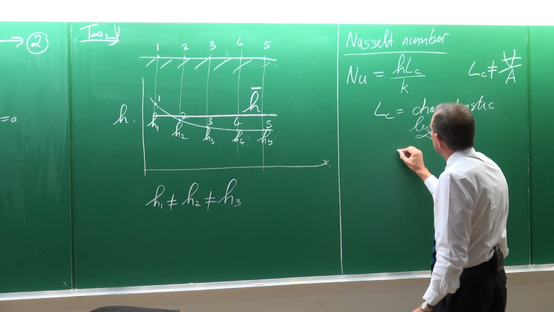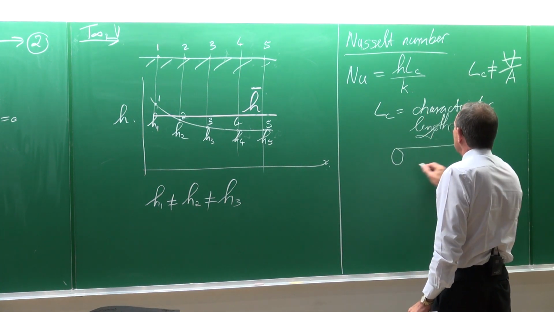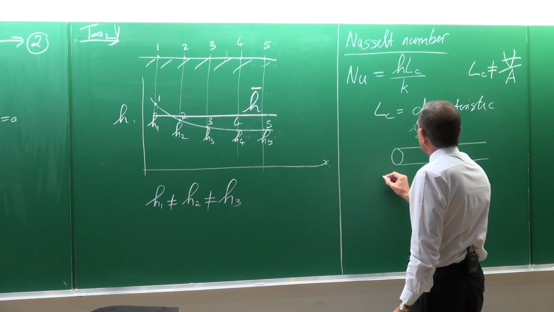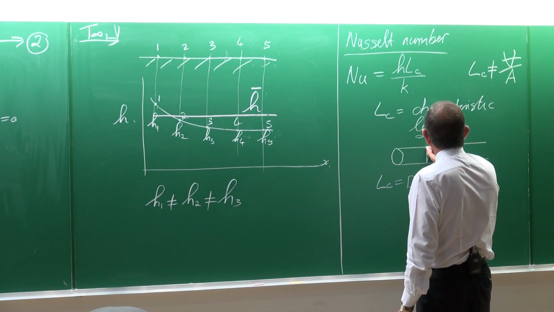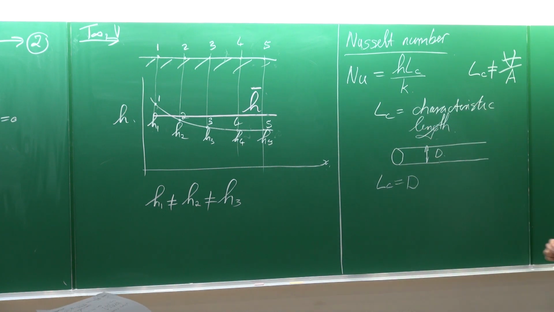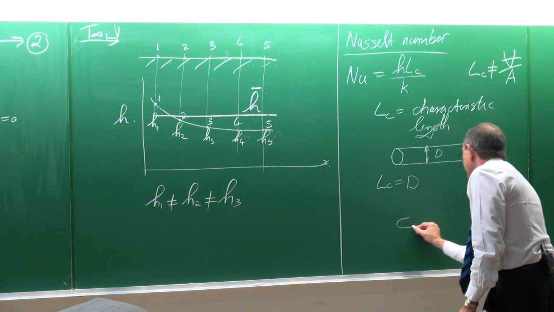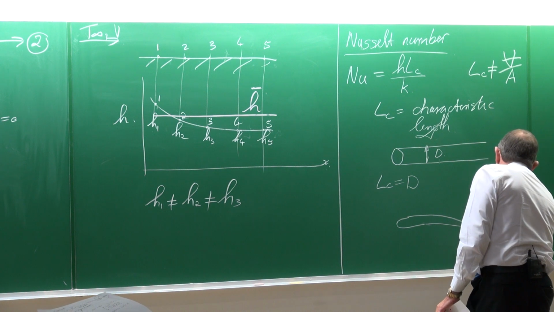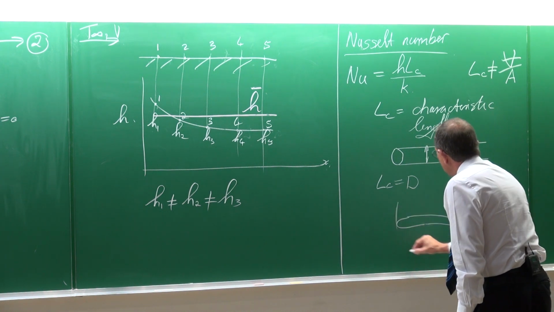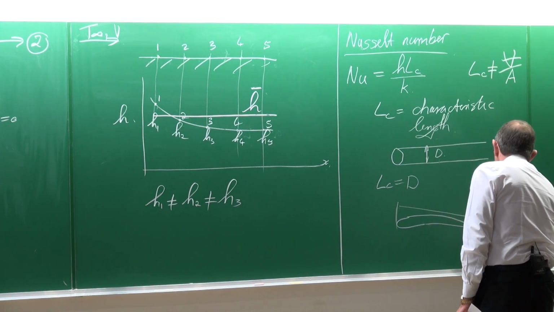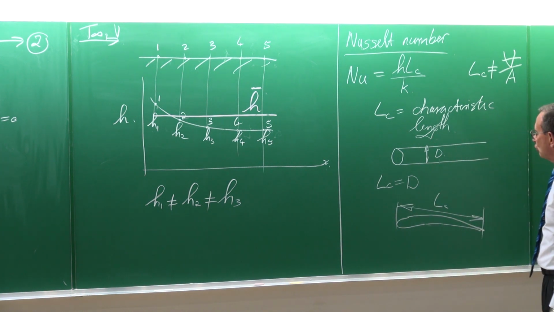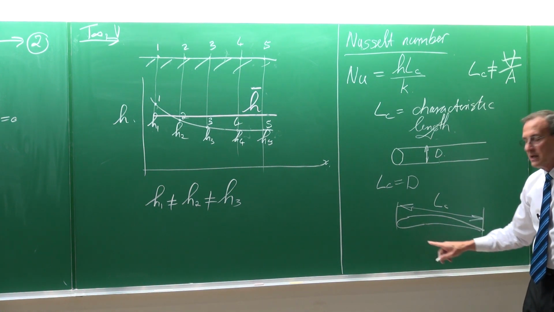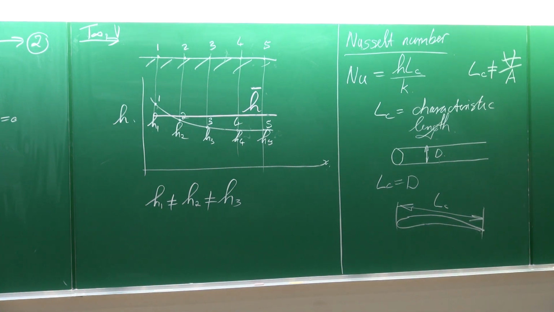So typically for a tube, internal flow through a tube, the characteristic length will be the diameter of the tube. If it is an aeroplane wing, like that, then the characteristic length would be equal to what we call the chord, the distance from the leading edge to the trailing edge of the wing.